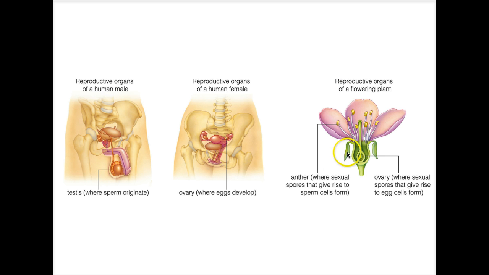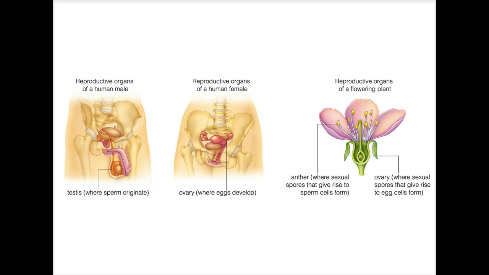The cells outside of the anther and the ovary are diploid cells, and they're not going to undergo meiosis. Again, we only want the cells that are the gametes to undergo meiosis.